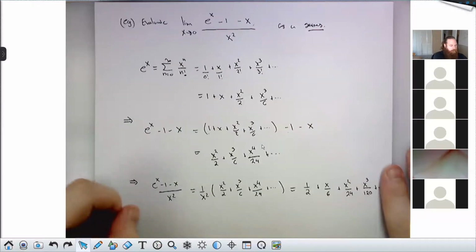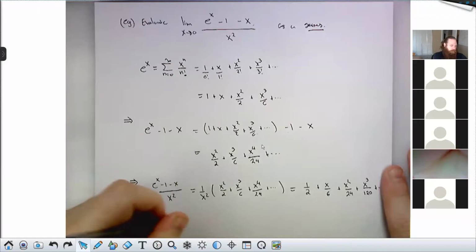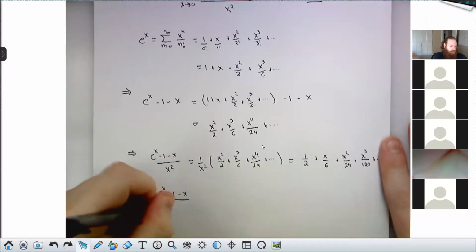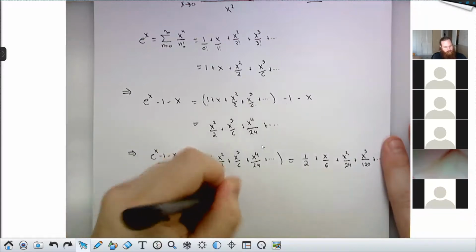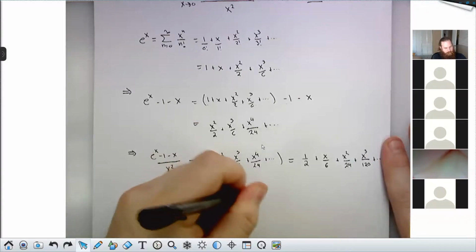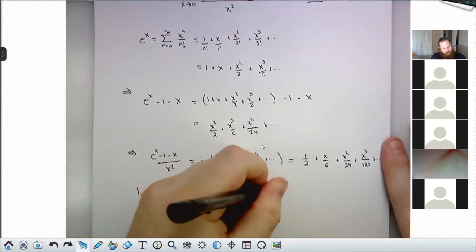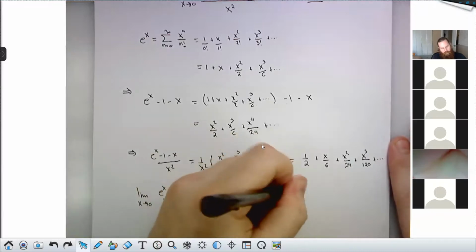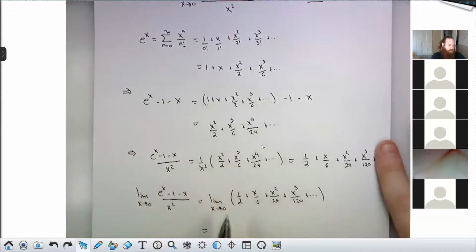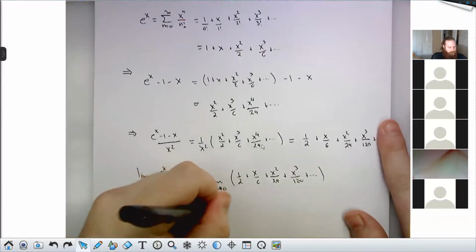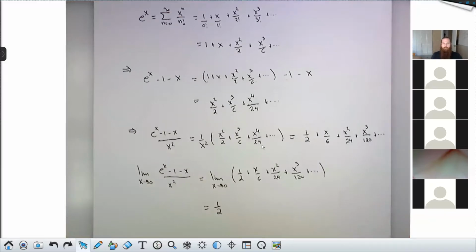But the important thing is now you can send x to 0. Here, these terms all have x's, so they'll all go to 0. So will all the higher order terms. But that first term doesn't. So the limit is just 1/2.